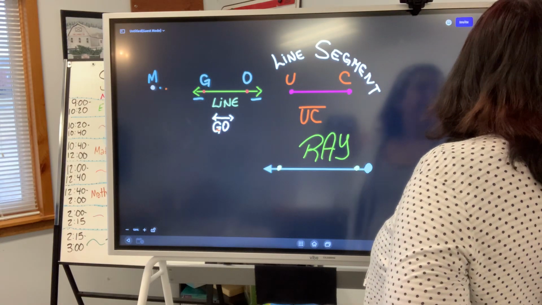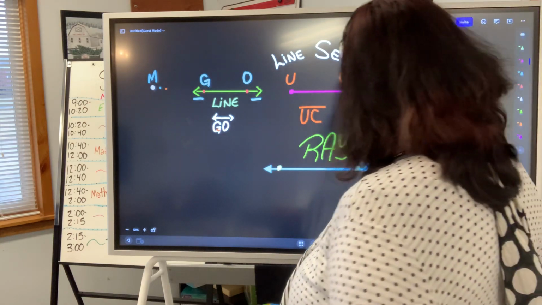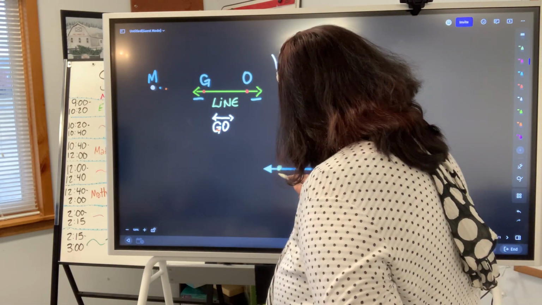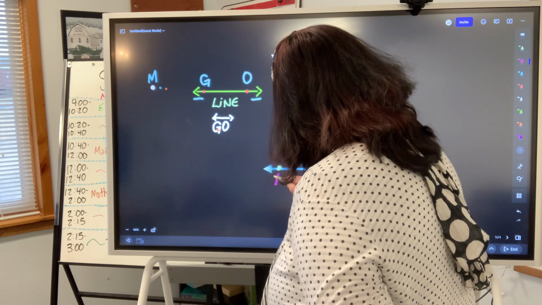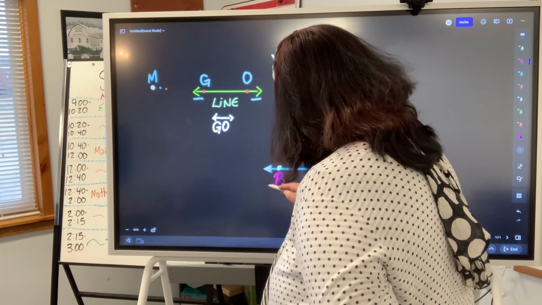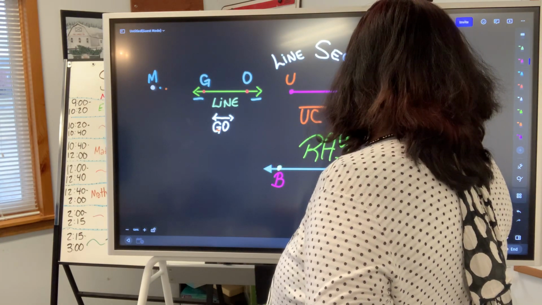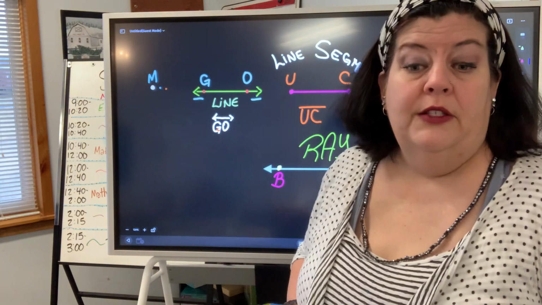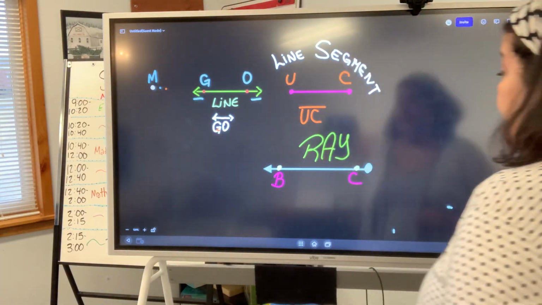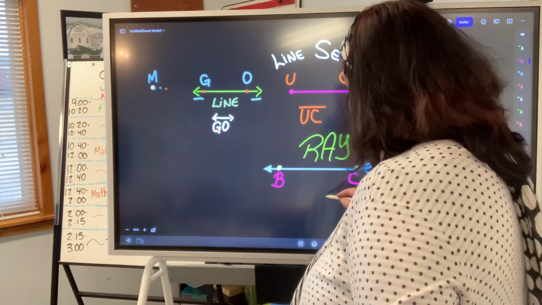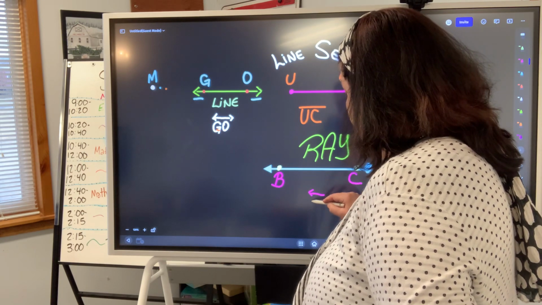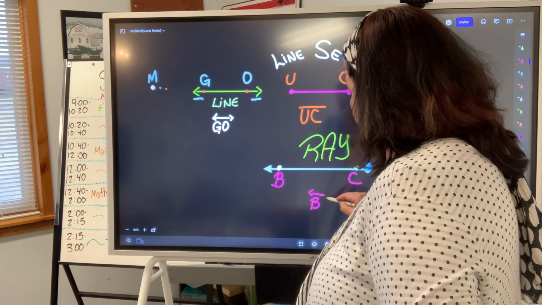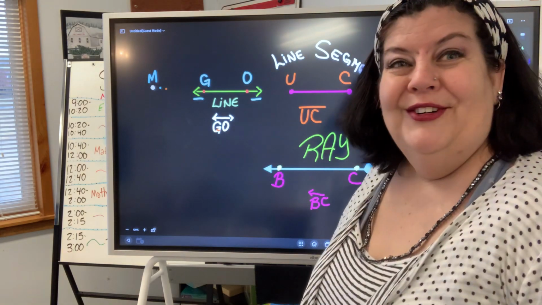And what do we want to name this point? I would like to call it B. Let's go with BC. So this is Ray BC. And how is it represented? We make a little line and then we put the arrow under it.